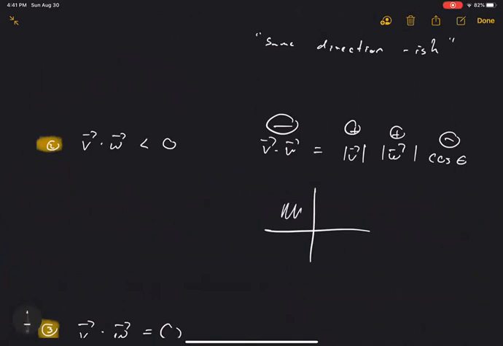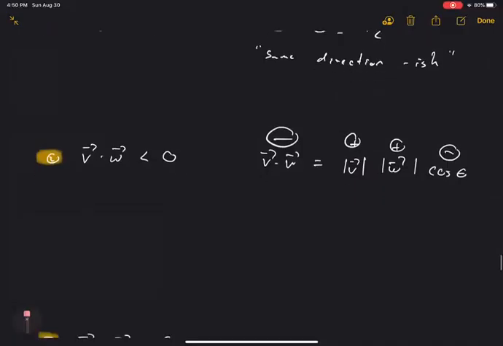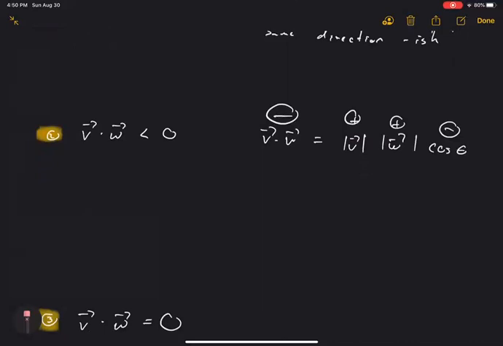And again, let's assume our angle is positive, so our angle has to be somewhere between 90 and 180 degrees. So again, if the cosine is negative, then we would expect our angle between our two vectors to be somewhere between 90 and 180 degrees.